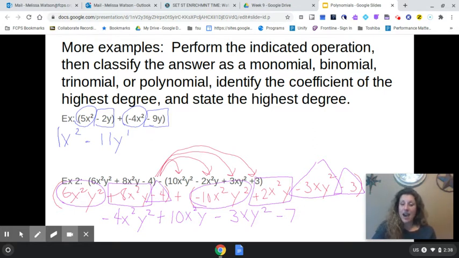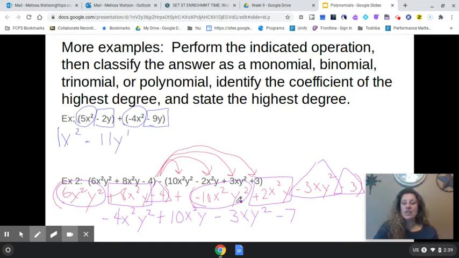Okay, the highest degree, if we take a look at this first term, we see x squared y squared, so we would add those 2 exponents together. So the highest degree is 4, and its coefficient is negative 4. Notice, guys, we always write these in descending degree. Again, we talked about that before, but we want the highest degree to be written first, followed by the next highest degree.